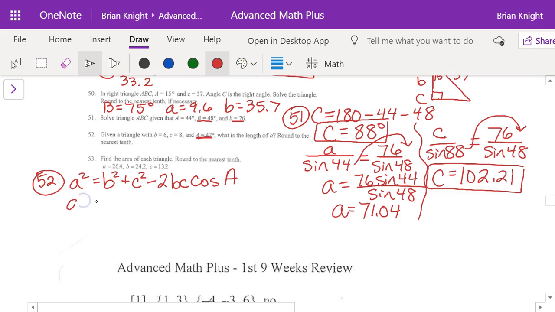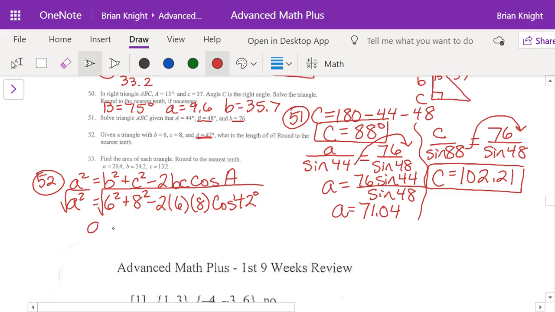So a squared equals 6 squared plus 8 squared minus 2 times 6 times 8 times the cosine of 42 degrees. And you just take the square root of all of that. Put it in your calculator, you should get 5.4.